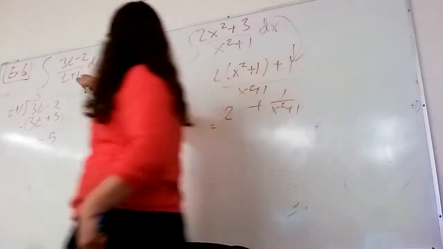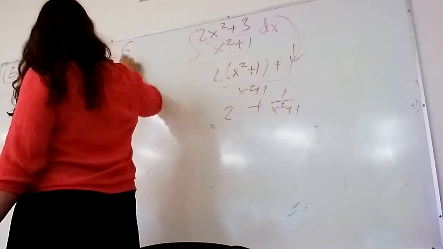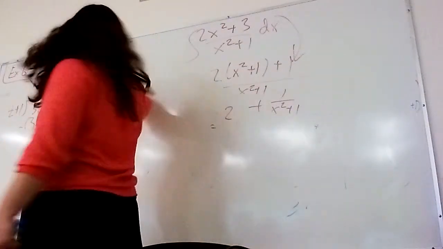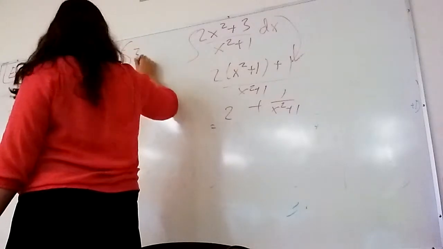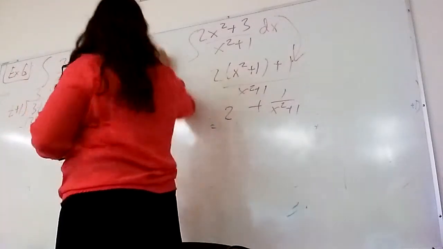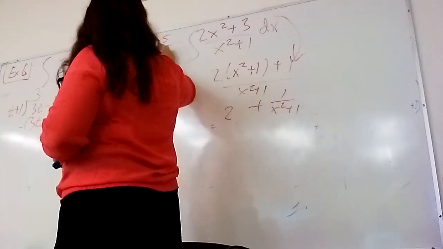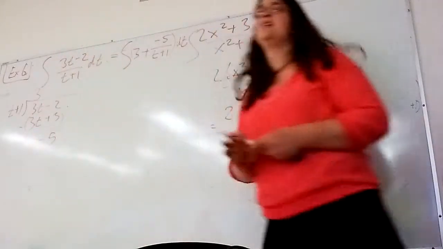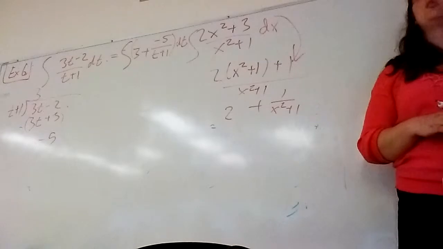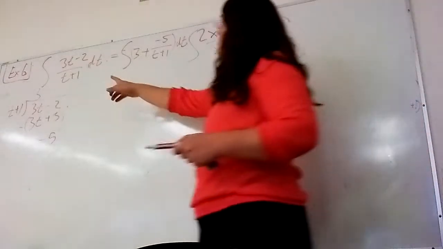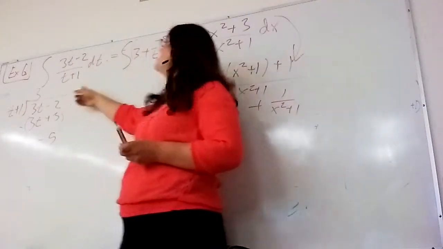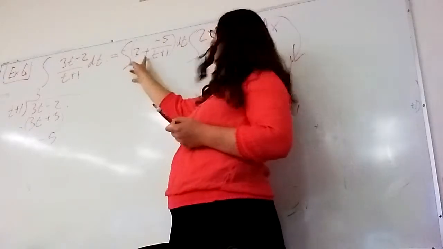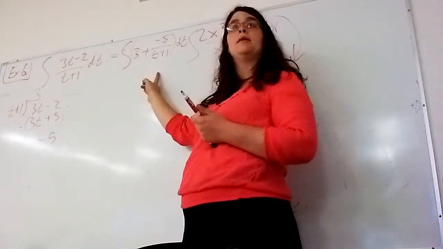What that means is that this thing can be written as whatever the quotient was, 3, plus the remainder, which is negative 5, over t plus 1. That's basically what the long division of polynomials has told us: 3t minus 2 over t plus 1 can be written as 3 plus negative 5 over t plus 1.